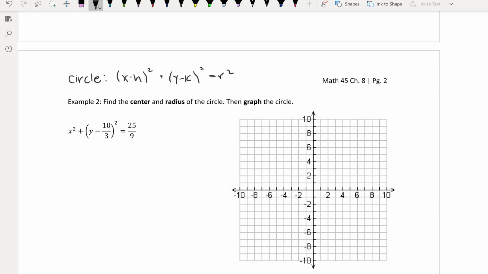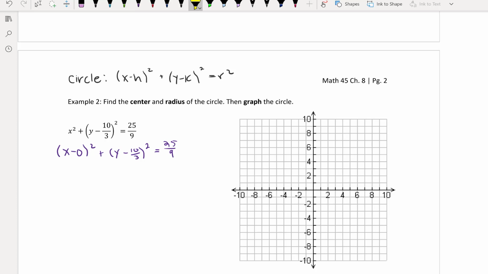Now that you have that, it's looking somewhat familiar. You can rewrite this equation as x minus 0 squared, which doesn't change anything, and y minus 10/3 squared. And the radius squared here is 25/9.